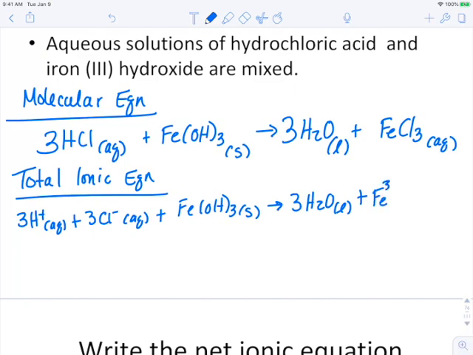So Fe3 plus, 3Cl minus, like so. All right, so I know a lot of you were thinking that the net ionic was H plus OH minus goes to water, but any questions why I kept that FeOH3 together? Or any questions on anything else we've written so far?